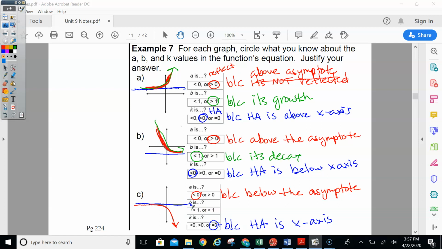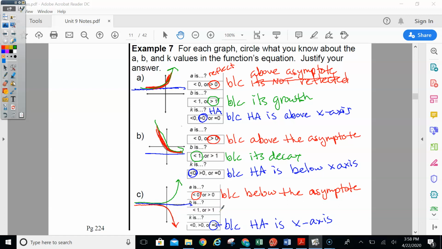Now this one we have to be careful with. Looking at the graph, it's going down, so this one looks like decay, but remember it was reflected. So if I unreflect it, that means it's going to be up here, which means it would be a growth function originally, but then I reflected it to make it decay.